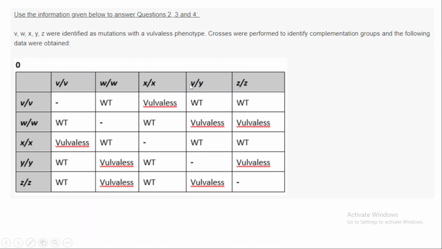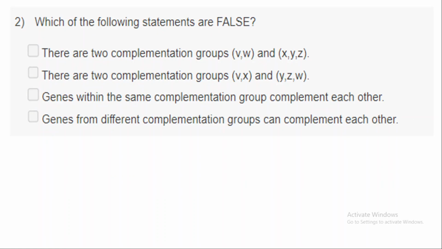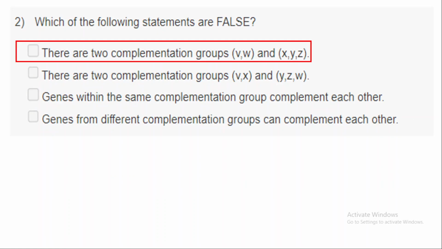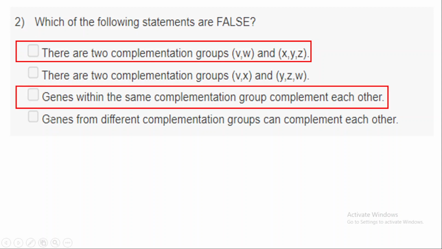These are not complementation groups. And the second answer is option C. Genes within the same complementation group complement each other. This statement is also false. So 1 and 3 are the correct answers.